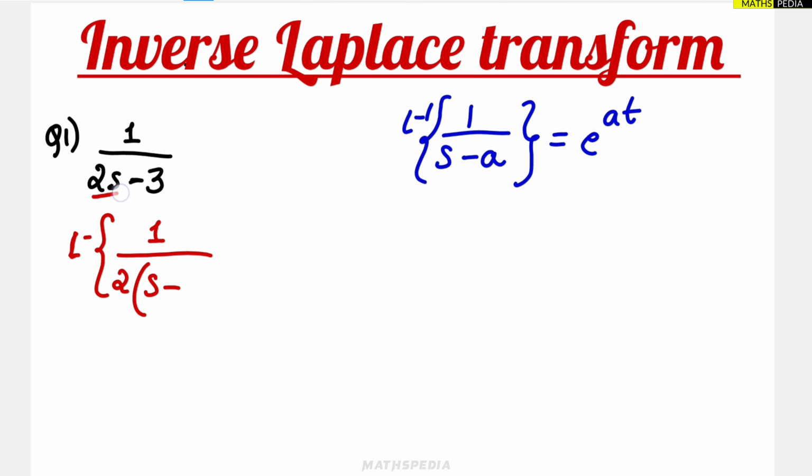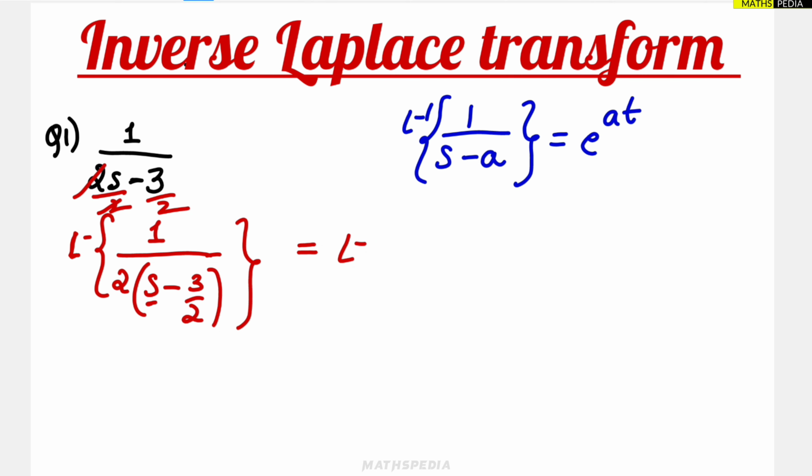So by 2 here also, by 2 here also. The 2s cancels, so s remains, and here it will be 3 by 2. Whenever you are taking 2 common, just think that you have to divide all the terms inside the bracket by that 2.